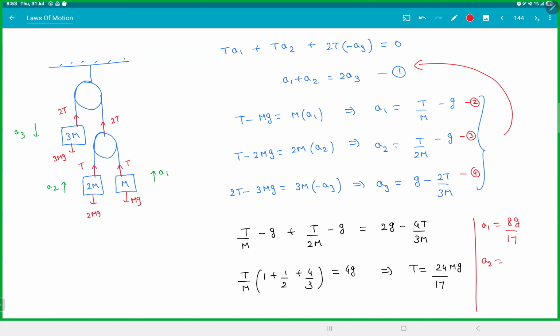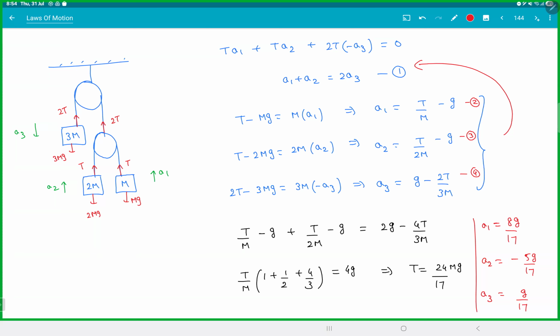Acceleration 2: T by 2m, that is 12 by 17 minus g, which is minus 5g by 17. A3: g minus 2 by 3 times T by m, which is 24g by 17, so 3s are 8s, g by 17. There, those are your accelerations.